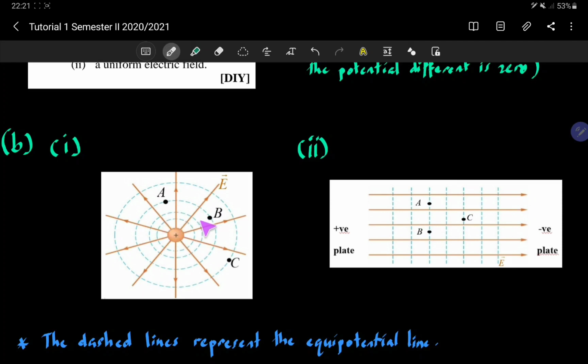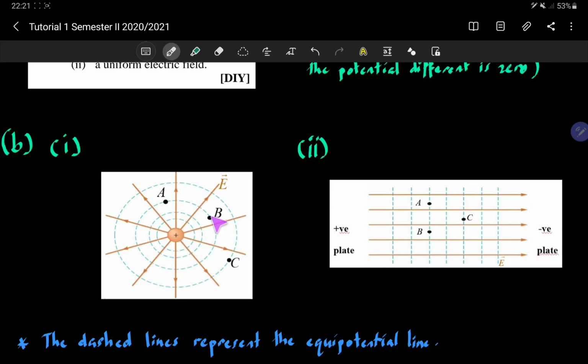But between B and C, see which R is greater. This is RB and this is RC. So which R is greater? RC, isn't it? So VC is smaller than VB, or VB is greater than VC.